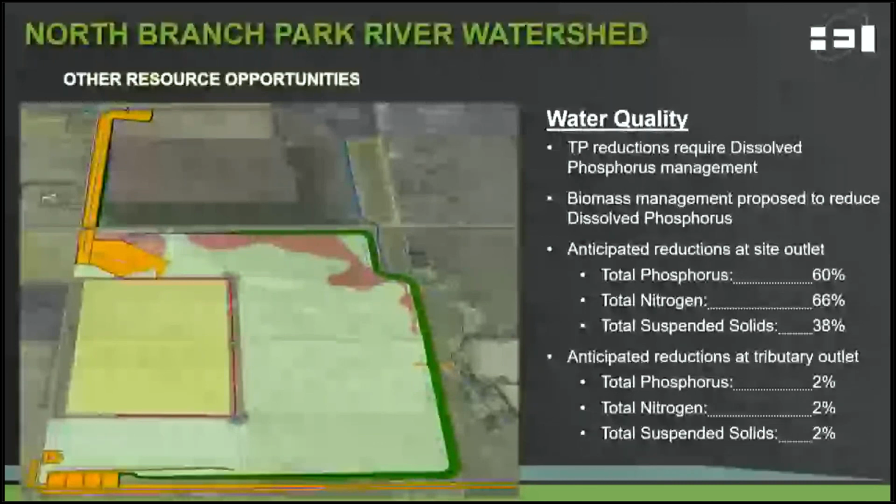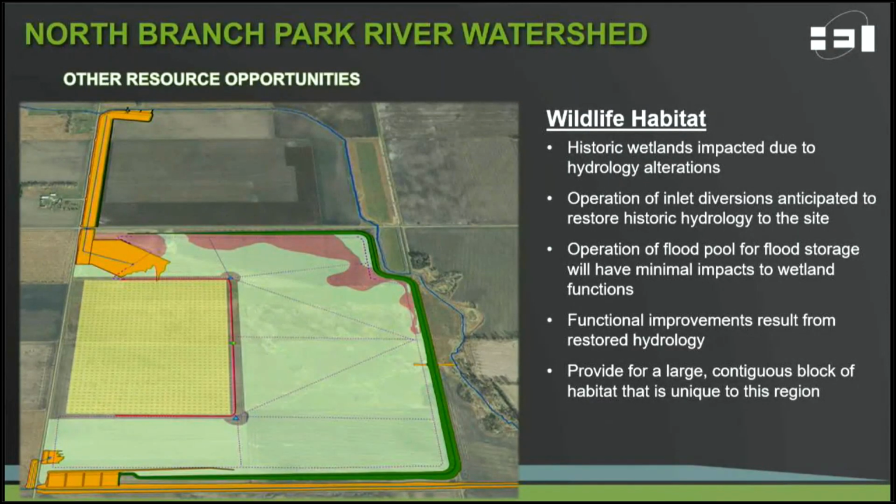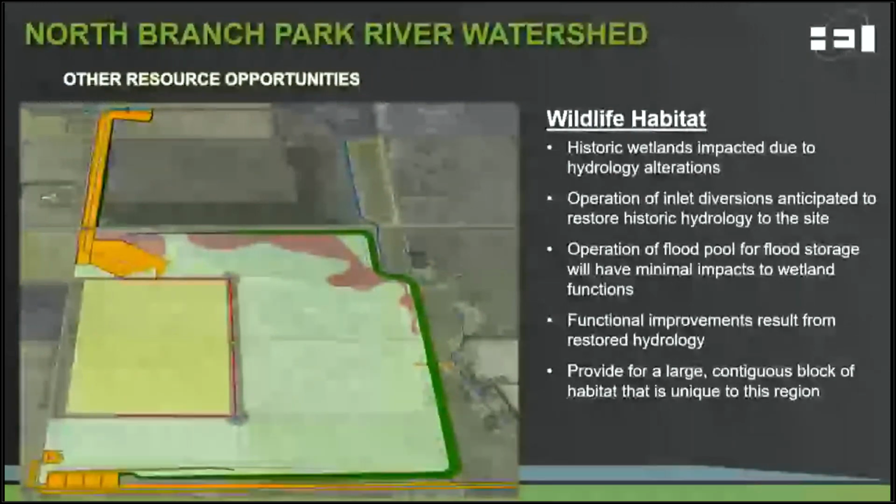So on the habitat standpoint, this site itself has several drained wetland basins within it. Actually, a large part of it is floodplain wetland that's substantially degraded, largely due to drainage activities and things that have happened in the upper watershed.